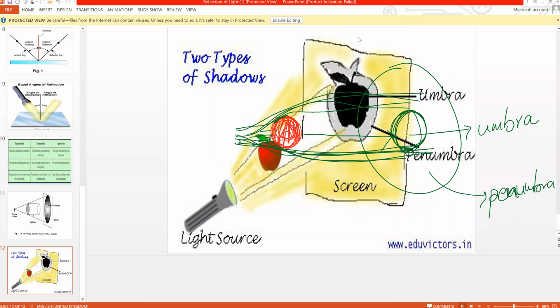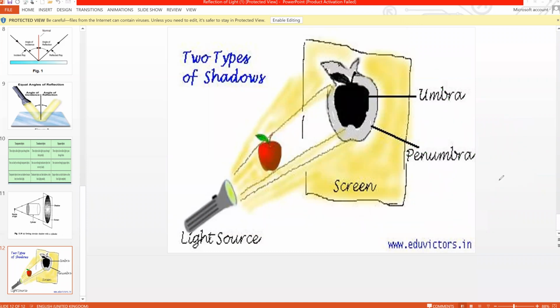I'll clear all the drawings. You can see, children, there is a torch, and I have placed an apple there. Apple is which object? Opaque object. So it will not pass light through it.